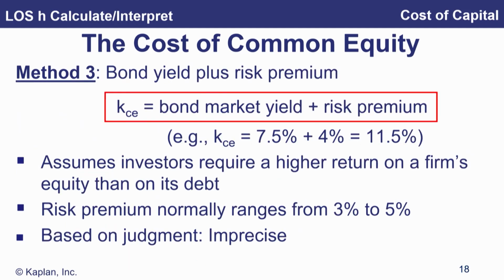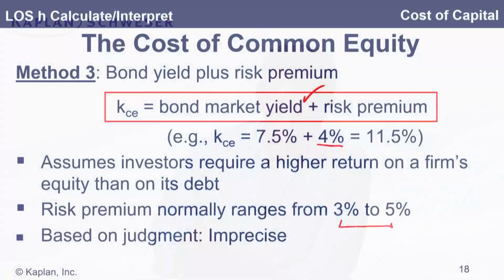Now there's a third way to do it. It's my favorite way. It's dead simple. We look at what the firm pays as a yield on its bonds in the market, and we say, well, equity is more risky than bonds. We better add something. And so we choose a risk premium to add to that. Under this method, it's often between 3 and 5%, so we chose 4% in our example.